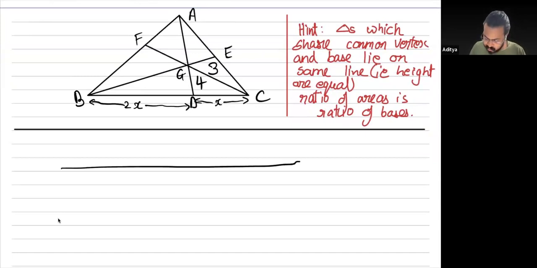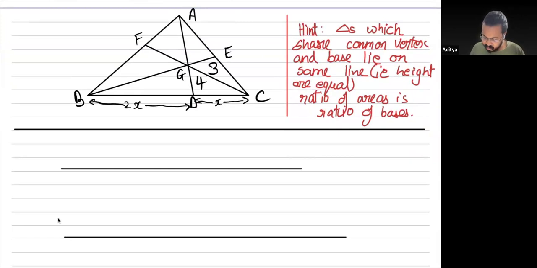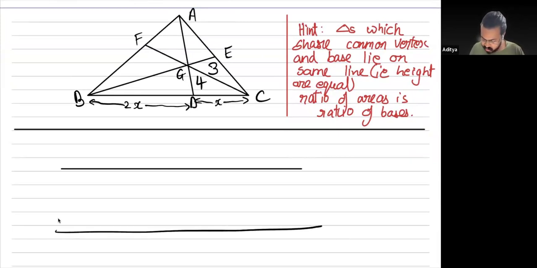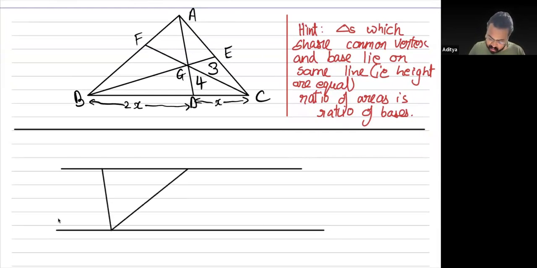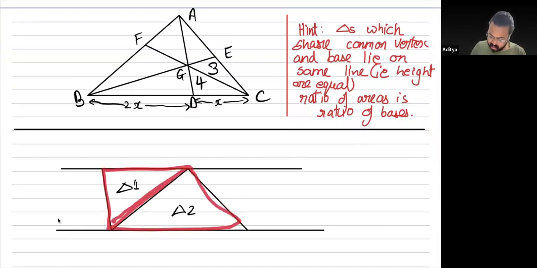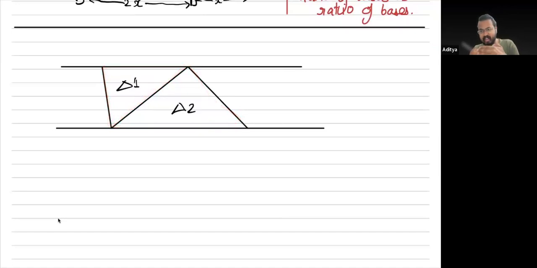Suppose you have two parallel lines. The general statement is that triangles between two parallel lines have the ratio of their areas equal to the ratio of their bases, because two parallel lines fix the height. This is triangle 1, this is triangle 2. You could have such a setup where these two triangles are between two parallel lines.